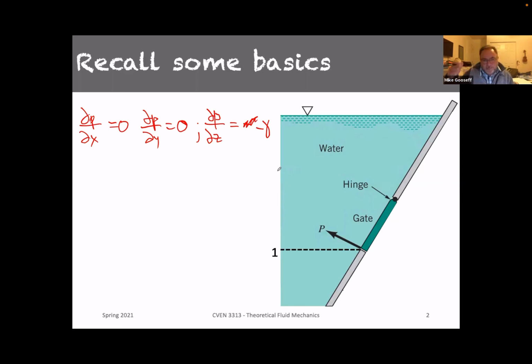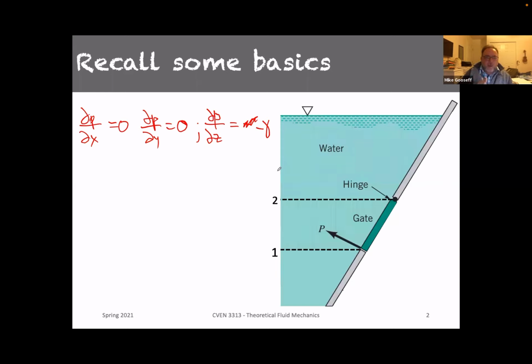So it depends on the specific weight of the liquid, or the gas that we're in, to calculate this value. Now, you can see I've let point number 1 come in here, and I'm going to put in point number 2. These are just 2 elevations, okay? Eventually, we will get to talking about the pressure distribution on this gate or this hinge, and that force, whatever.